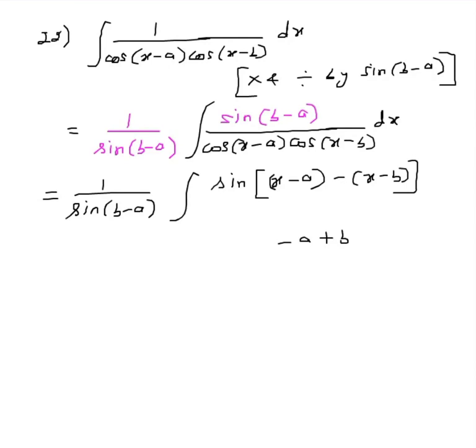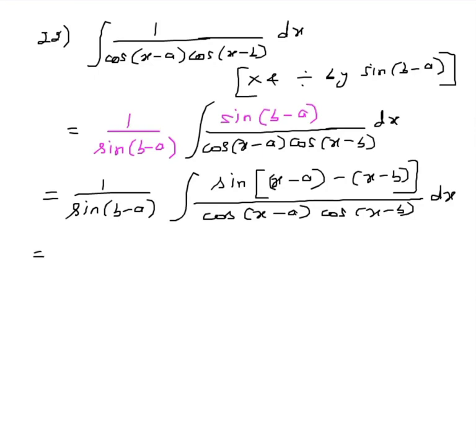So I can write b minus a as (x minus a) minus (x minus b), divided by the denominator cos of (x minus a) times cos of (x minus b) dx. This is an important method.